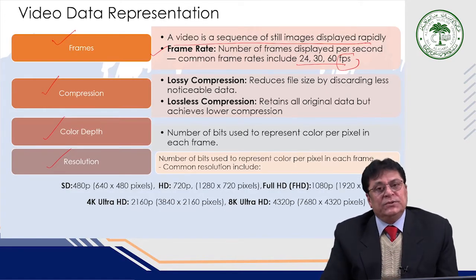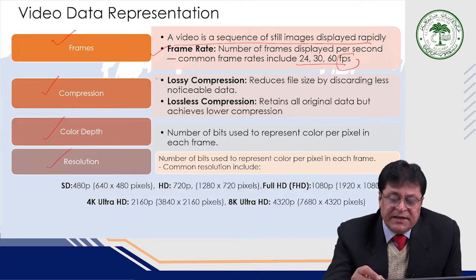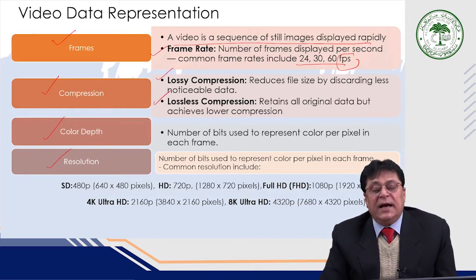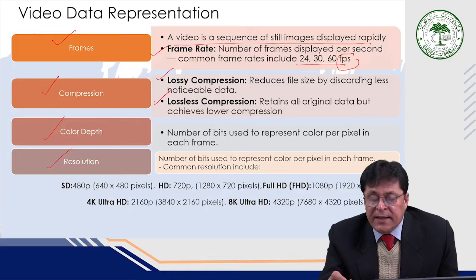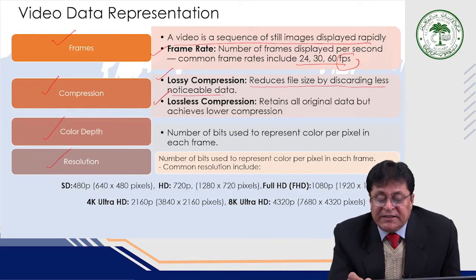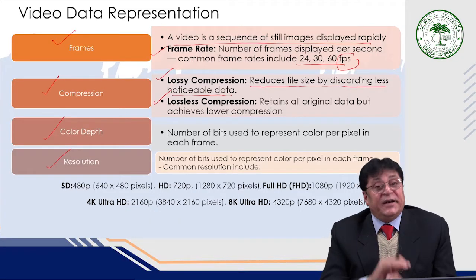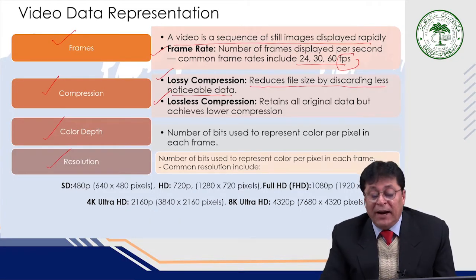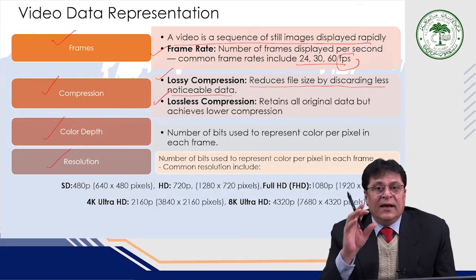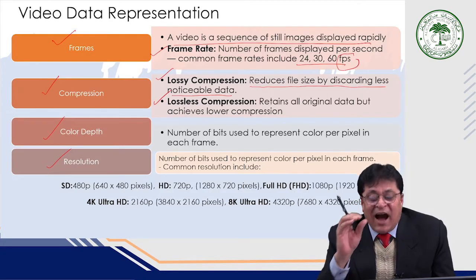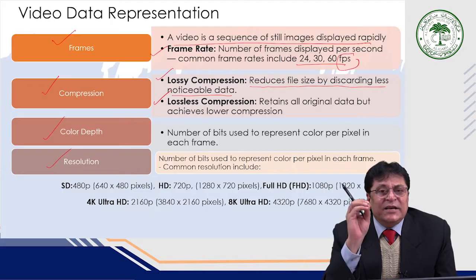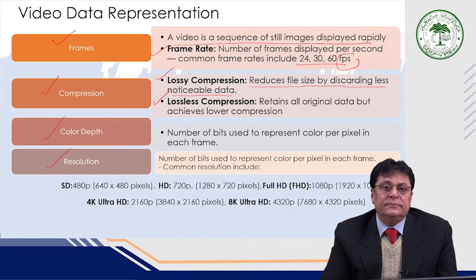compression techniques are used. So, two types of compression techniques are used. One is lossy compression, another one is lossless. The name itself is self-explanatory. Lossy means when the data is compressed, it reduces the file, but while reducing it, it discards what? Less noticeable data.